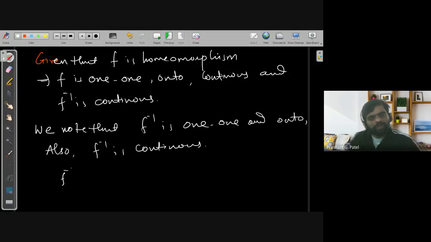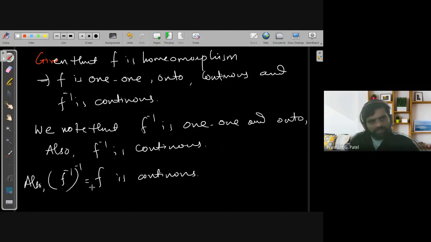Now, what is the inverse of the inverse? We know that it is f, but f is also continuous. So the inverse of f inverse, that is f, is also continuous. Hence, f inverse is 1-1, onto, continuous, and its inverse is also continuous. Therefore, f inverse is a homeomorphism.